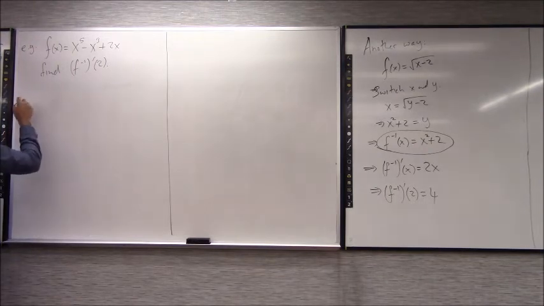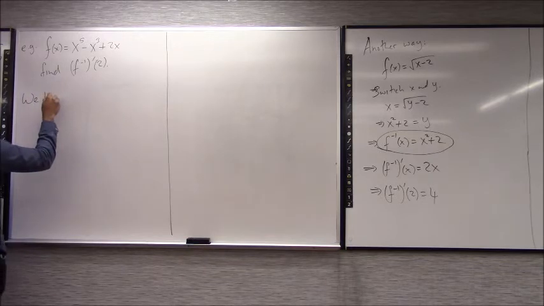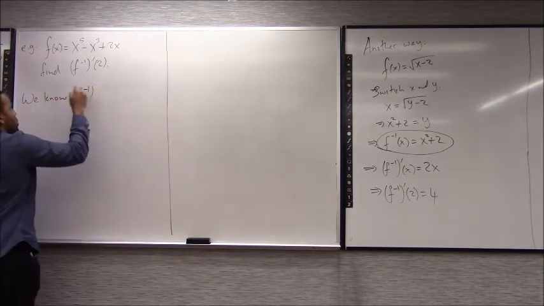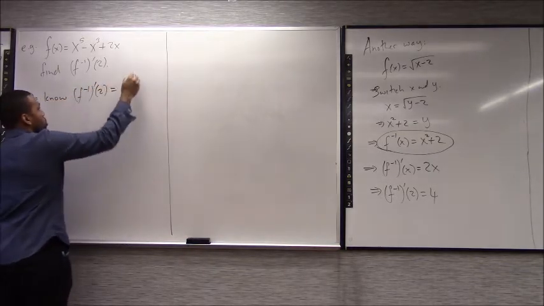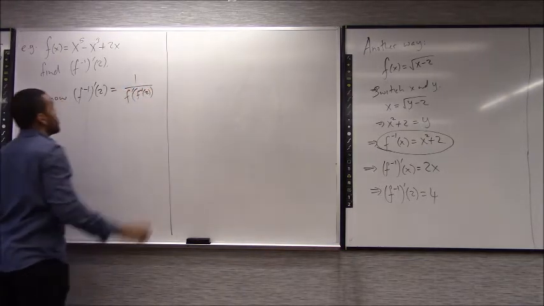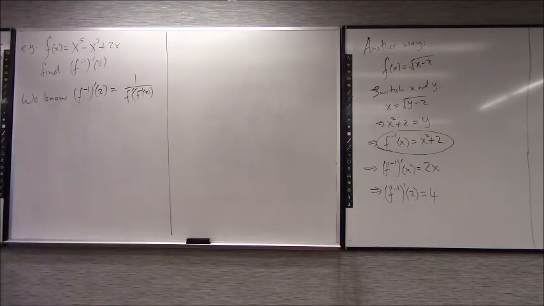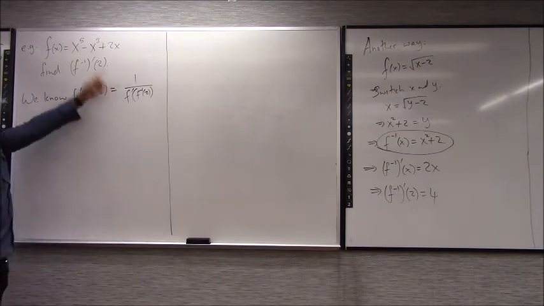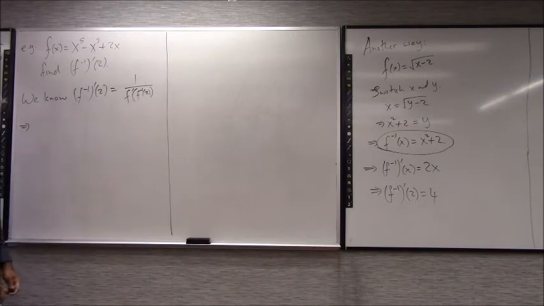Okay, so f inverse prime at 2 is just 1 over f prime of f inverse at 2. And here I wouldn't even attempt trying to find the inverse function because that's a 5th degree polynomial. It's probably not going to work out.